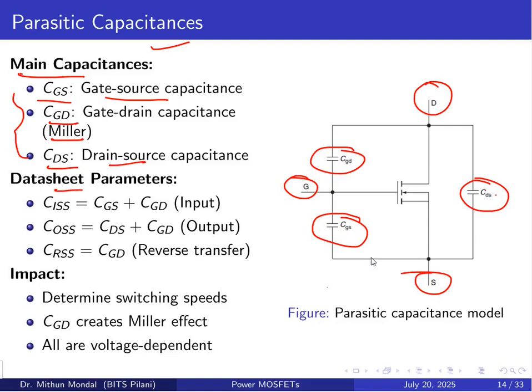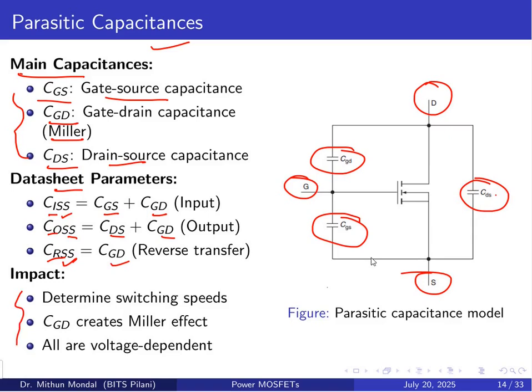In the data sheet, you will be getting the other capacitances, which depend upon the input, output, and reverse transfer. The input capacitance is basically the sum of gate to source and gate to drain. Output capacitance is the summation of drain to source and gate to drain, and the reverse transfer capacitance is equal to the gate to drain capacitance.